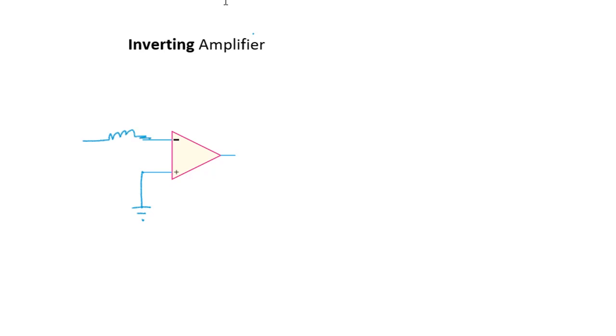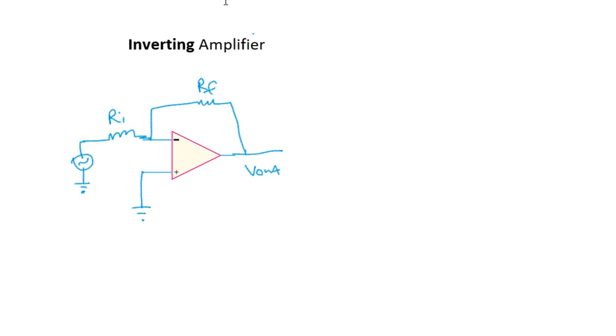So this is my input resistance Ri, and here I am applying a voltage source, an AC source, and this terminal is grounded. Now from the output I am taking a feedback resistance to the input, since it is a feedback resistance I will call it Rf, and this is the V out or output terminal.